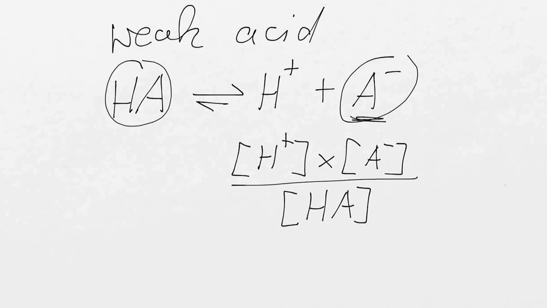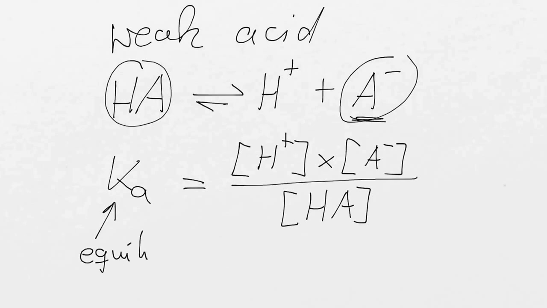This is the equilibrium constant Ka. So this guy here is the equilibrium constant. And this equilibrium constant tells us to what extent this acid actually dissociates into a proton and the base.